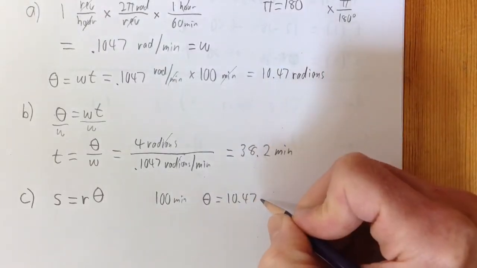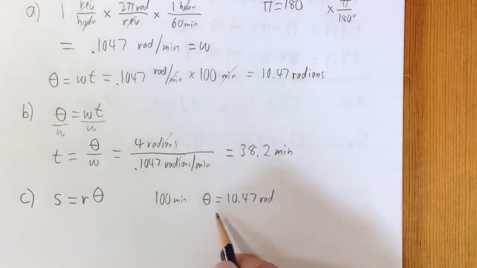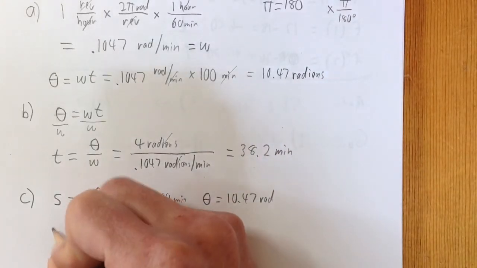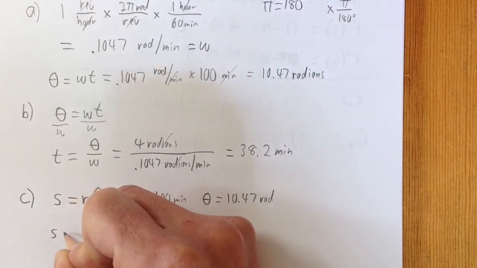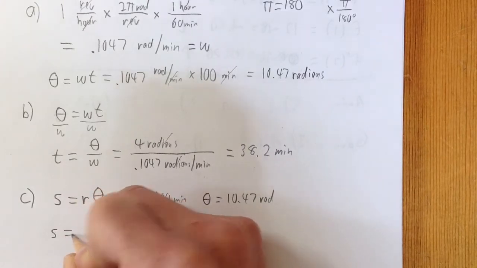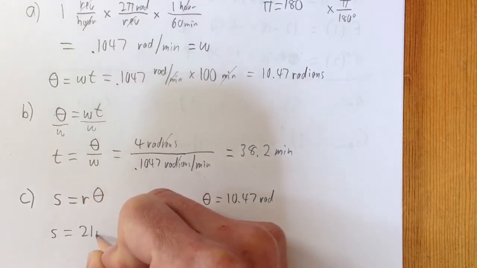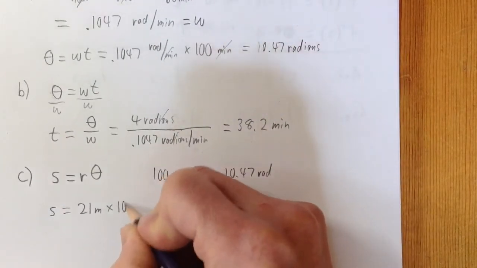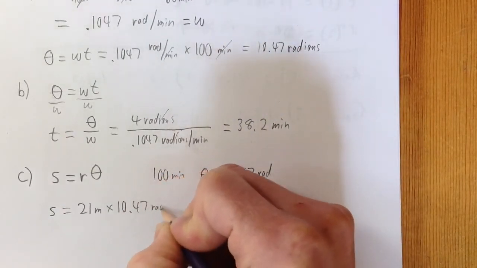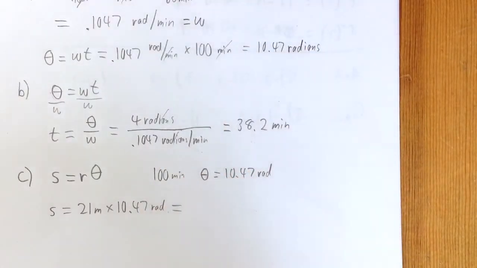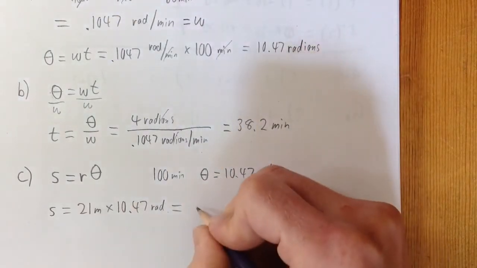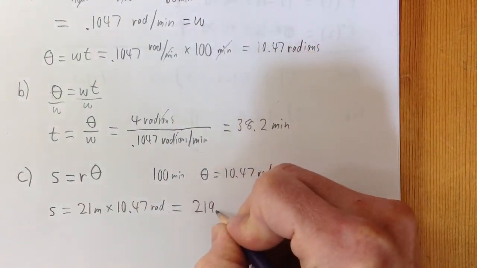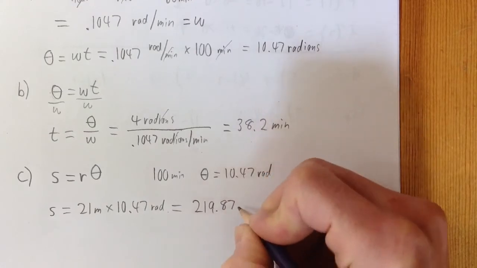It's nice that they didn't give us different numbers, we can use our part A. So the distance we actually go is the radius, which is 21 meters, times 10.47 radians, which is 21 times 10.47, which is 219.87.